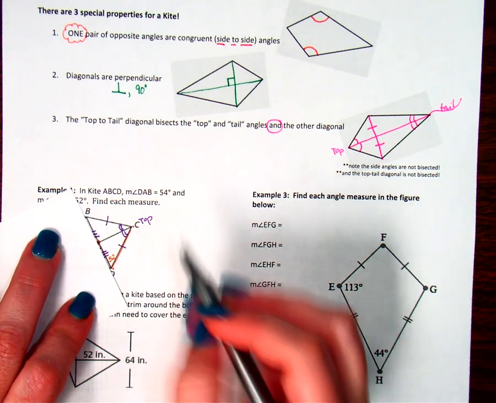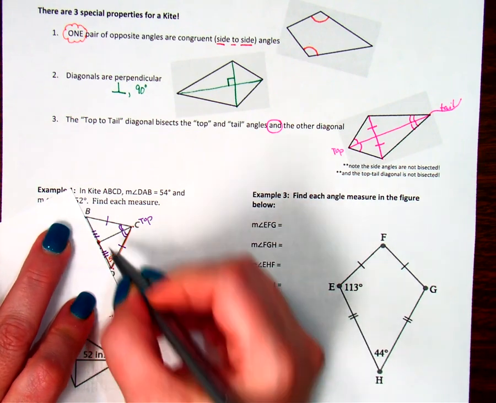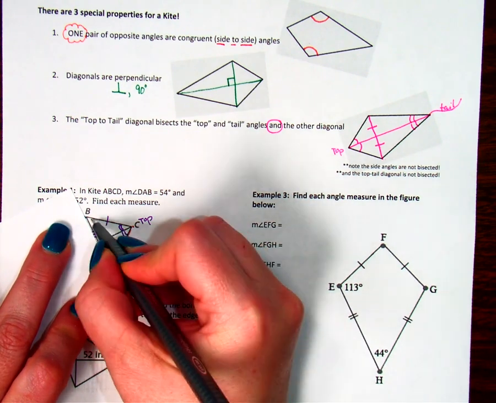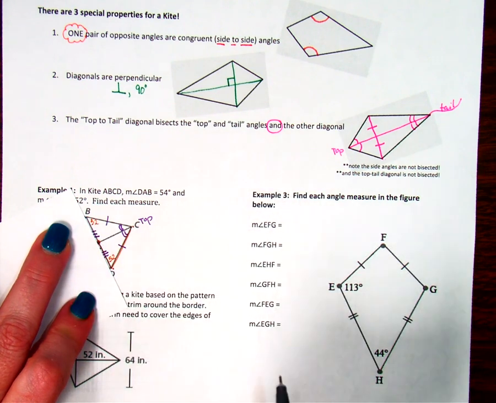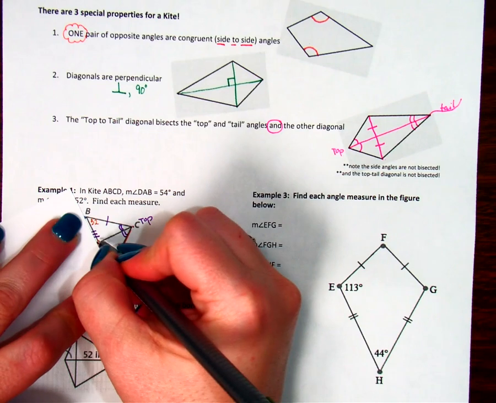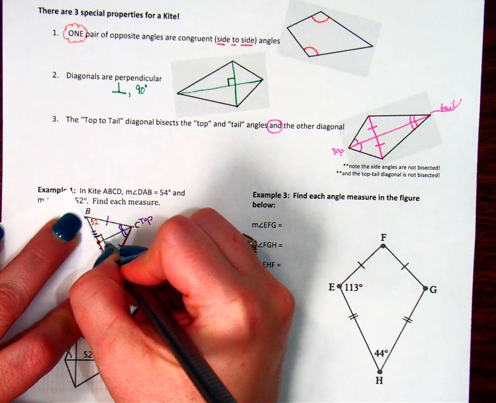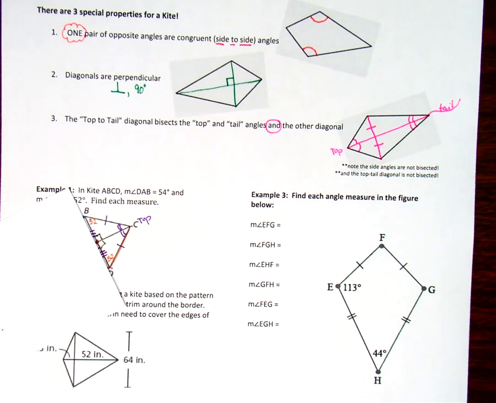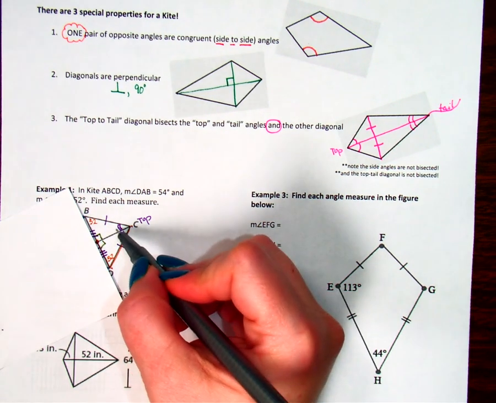However big this angle is, the matching angle would be the same. So those angles are both 52. Then I also know, because it's a kite, all the angles in here at the center are 90. 90.